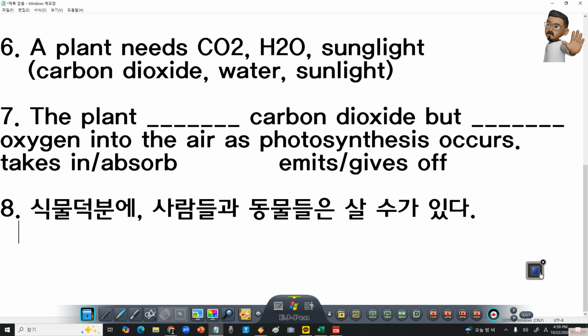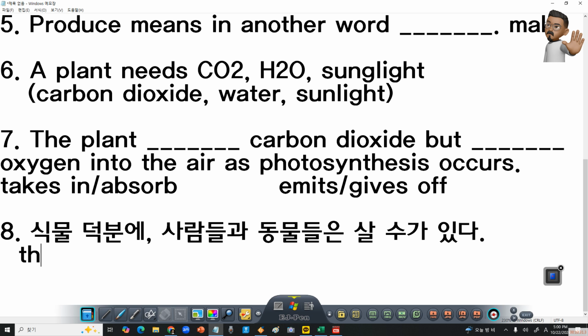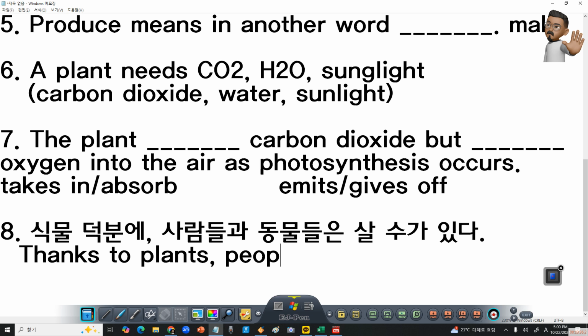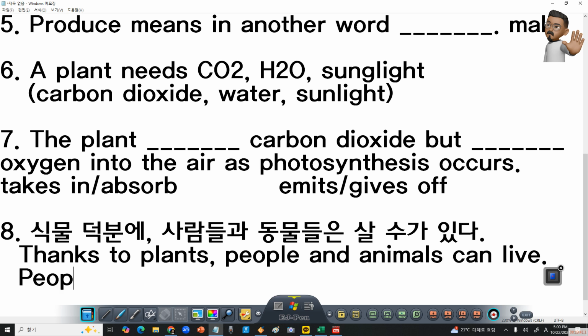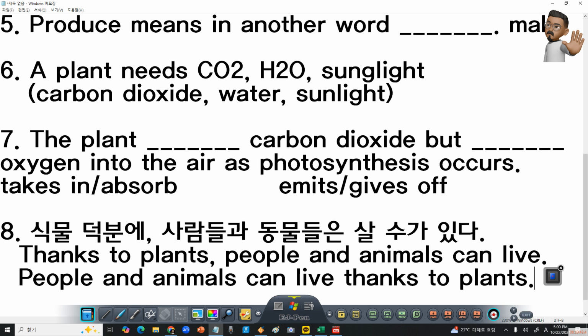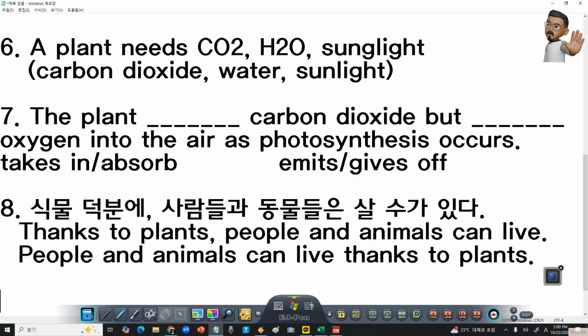This or this, both. Either way is okay. Everybody read it. Thanks to. This is very important. Thanks to plants, people and animals can live.